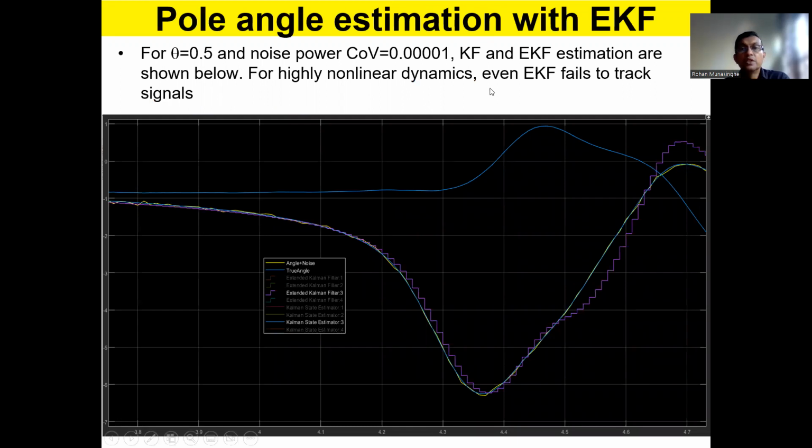So this one over here, you see the true angle and the angle with the noise, and the Kalman filter estimate and all that. You can see some errors are still happening for large initial errors. Therefore, it also has its own limits. None of these things is perfect, right? They have their own limits.